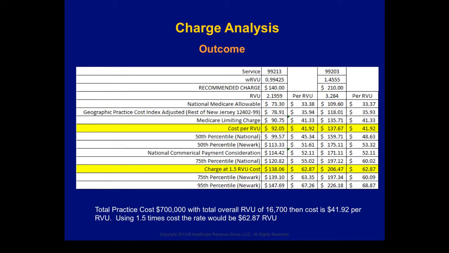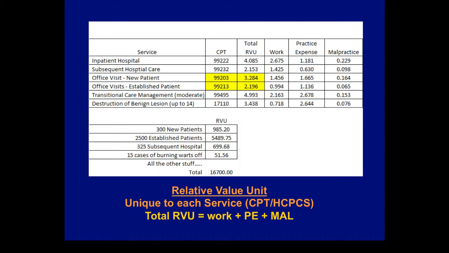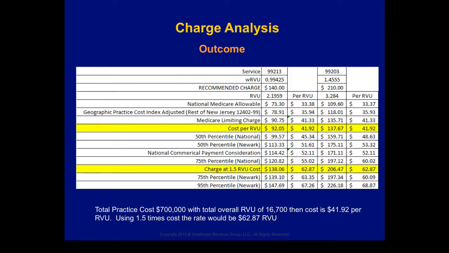I will take a break here, and then we'll talk about how I discount the charge. Because just because I am charging $140 for this and $210 for this, does that mean that's what the private pay patient walking in the door is going to pay me? No. Does that mean when Medicare walks in the door, they're going to pay me $140?